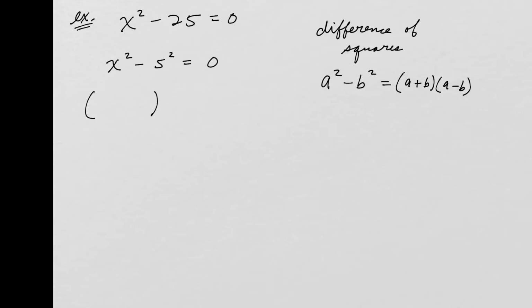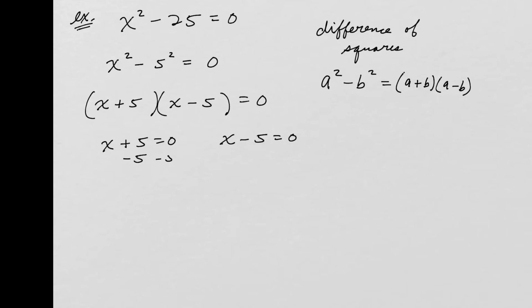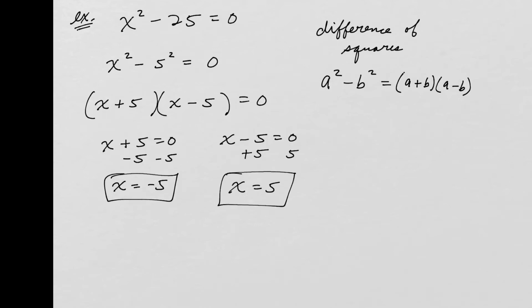So the left-hand side factors into x plus 5 times x minus 5. So now if I set each of those factors equal to 0, I can solve this, right? One solution is going to be x is negative 5. And then the other solution will be x is equal to positive 5. Okay, great.